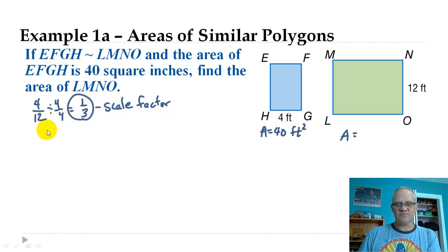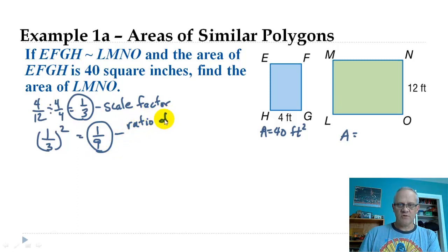So I'm just going to take 1/3 and square it. 1 squared is 1, 3 squared is 9. So this 1 to 9, I'll call that the ratio of the areas.